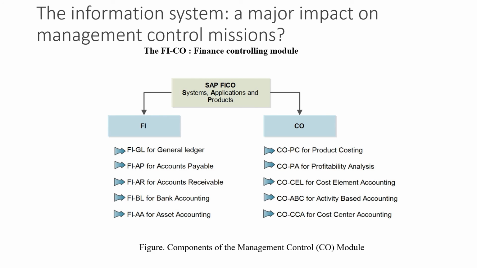As you can see in the components of the management control, the FICO module includes sub-modules related to the finance and management control functions, presented in this figure. The components of the management control provide information on management decision making in a way that facilitates coordination.